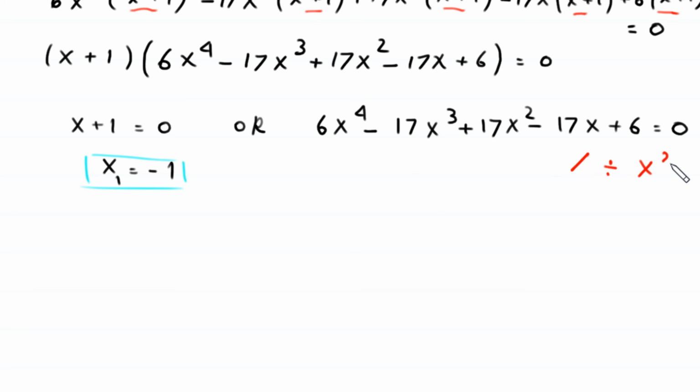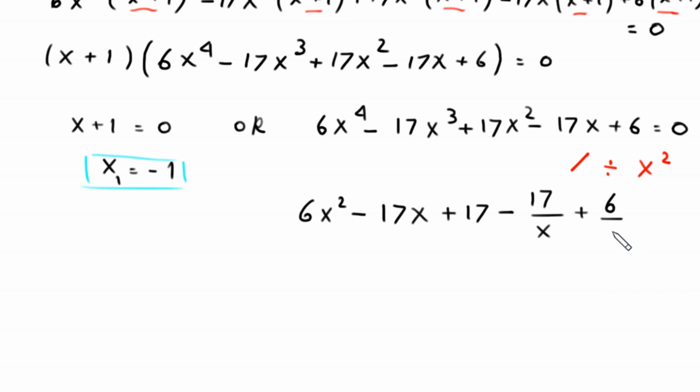x squared, we get 6x squared minus 17 times x plus 17 minus 17 over x plus 6 over x squared equal to 0.